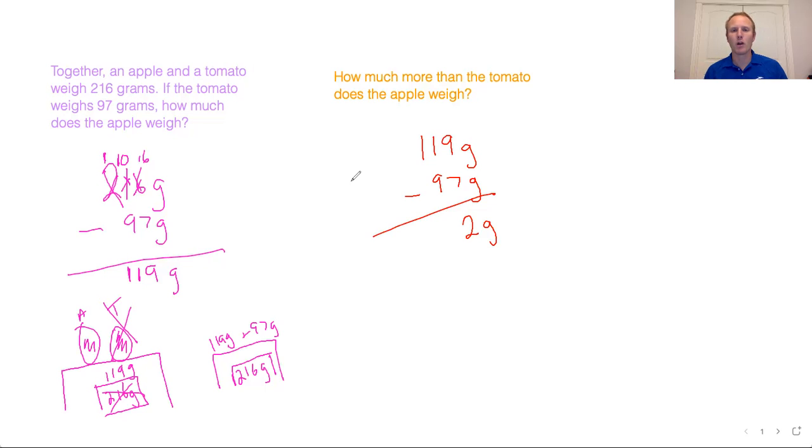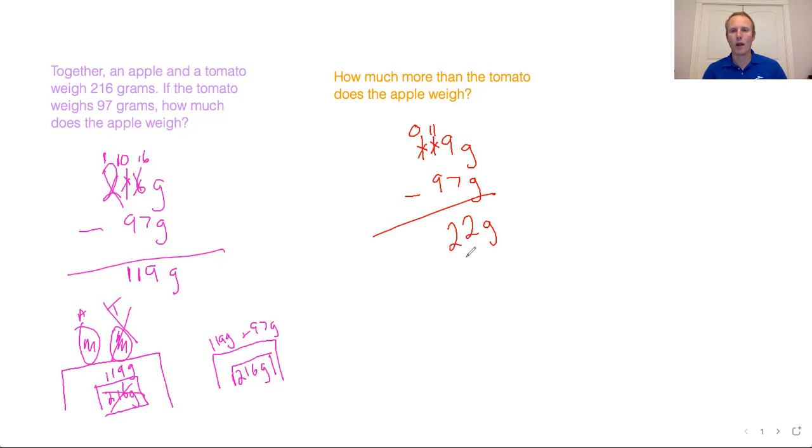So I need to go over here and borrow. Take from the hundreds place. So I'm going to leave 0 hundreds there and move 10 tens over to the tens place and add them to my 1 existing 10 to give me 11 tens. 11 tens minus 9 tens is 2 tens. So I end up with 22 grams. So the apple weighs 22 grams more than the tomato.